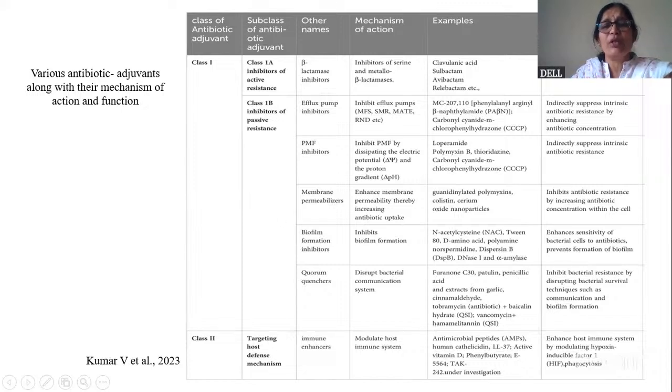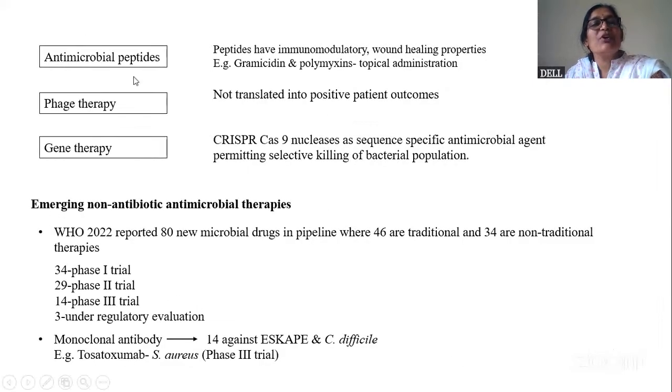And apart from all this, we also have class 2, that is targeting the host defense mechanism. If we attach adjuvants to any antibiotics, they can also enhance the immune system by modulating hypoxia-inducible factors, like vitamin D, that is one example. We have talked about antimicrobial peptides. The direct application so far is only topical administration.